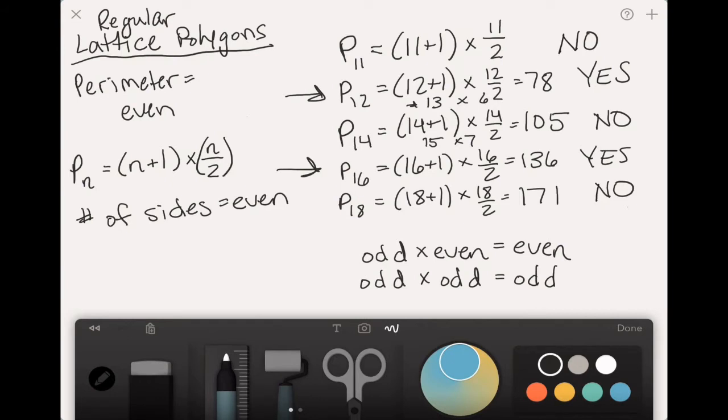So this will consistently happen. This means that every other even number are the only ones that will work for a regular lattice polygon. So is there a way we can describe every other even number? Well, even numbers are all multiples of 2. 2, 4, 6, 8, 10, and so on.